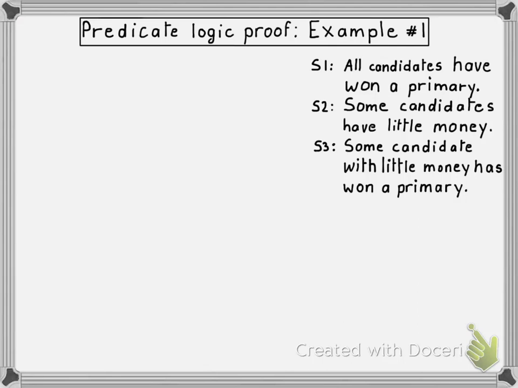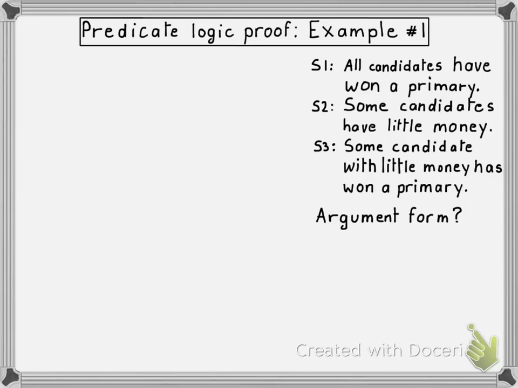Remember, the first step is to convert the English statement of the argument into logic. In other words, we need to exhibit the argument form of the argument. What logical structure does it have? So first we're going to convert S1 to predicate logic. All candidates have won a primary is a standard form we've seen many times before.